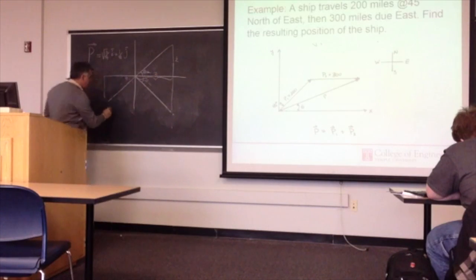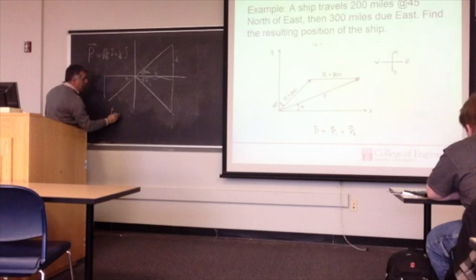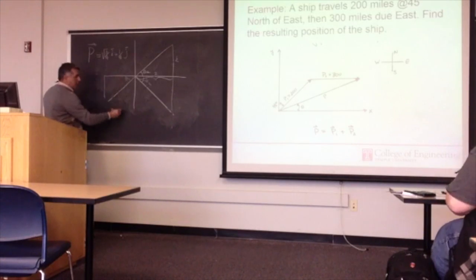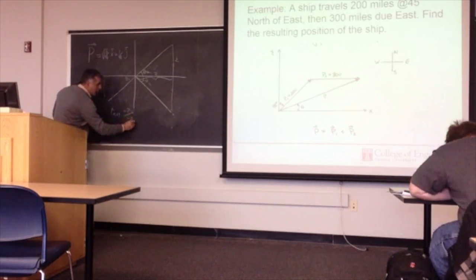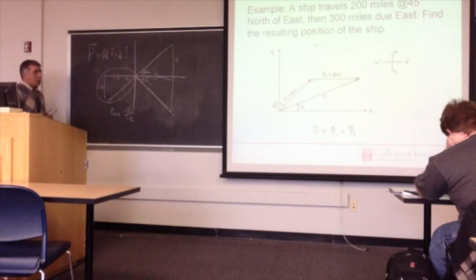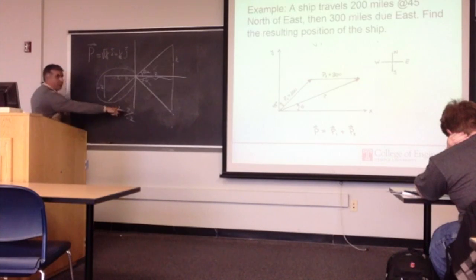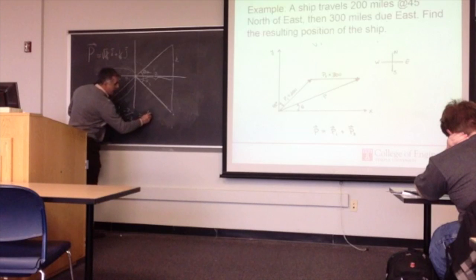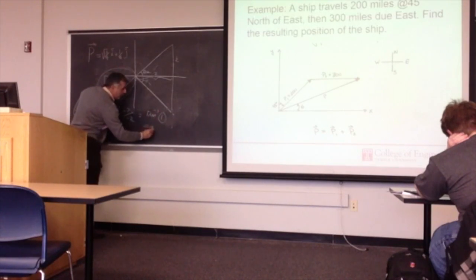So you say tan of, let's say, minus 2 and minus 2. Let's say it's here. I say tan inverse of this, which is tan inverse of 1, and that gives me 45 degrees.